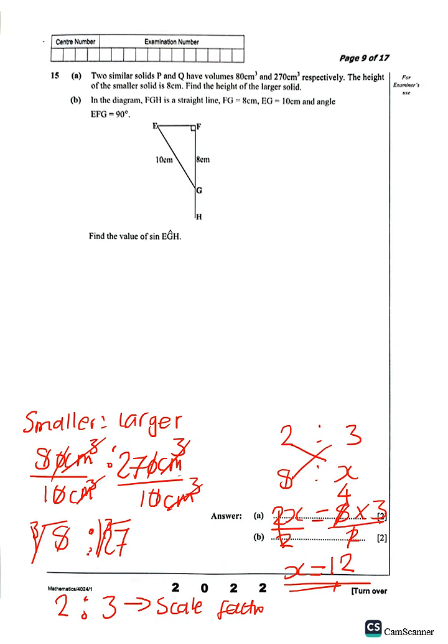Okay, now let's move on to question B. In the diagram, FGH is a straight line. FG is equal to 8 centimeters, EG is equal to 10 centimeters, and angle EFG is equal to 90 degrees. So find the value of sine EGH. So the angle is G, the one in between.